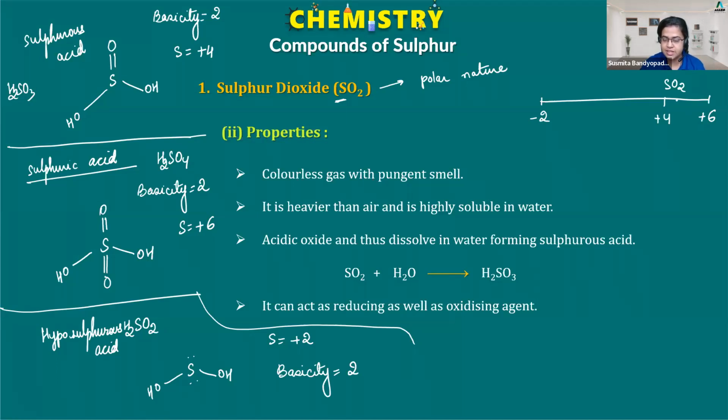Now, as I was discussing in the previous session also, sulfur is in the plus 4 state. It can lose electrons and act as a reducing agent, because when it loses its electron, it itself gets oxidized. When something gets oxidized, it acts as the reducing agent.